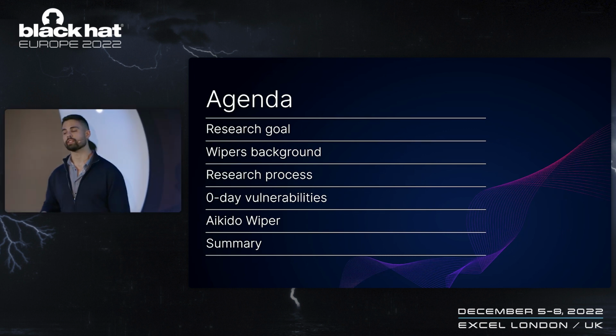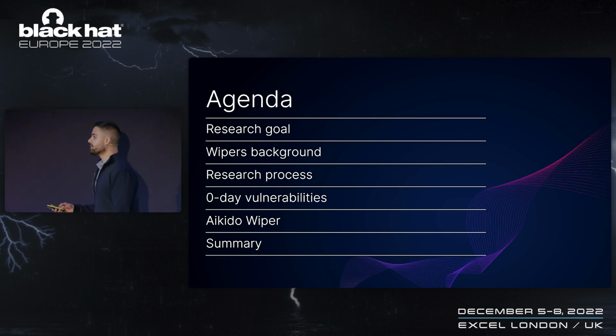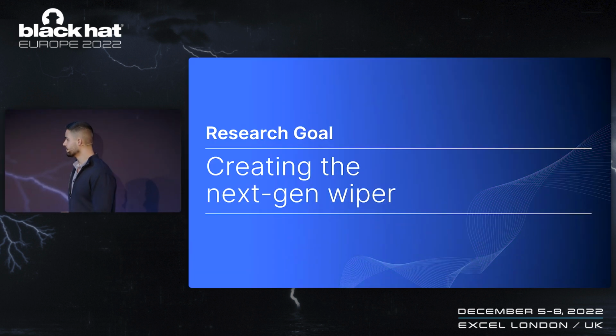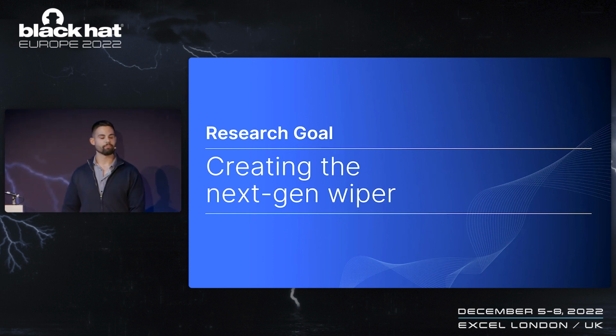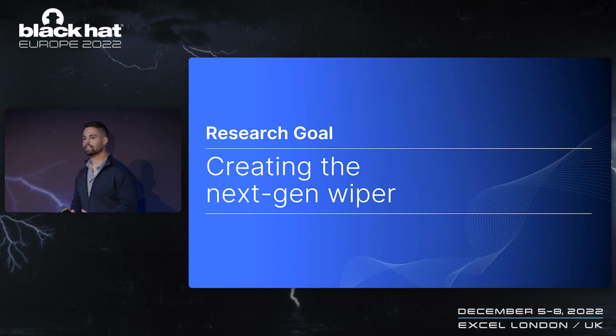Then we'll deep dive into the technical aspects of the research process itself and see how I managed to find zero-day vulnerabilities that allowed me to create the next generation Aikido wiper. So, as I just mentioned, my initial research goal was to create some sort of a next-generation wiper. But in order to do that, I first needed to understand exactly how wipers work nowadays.